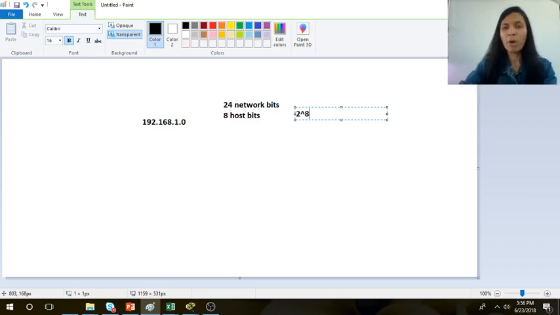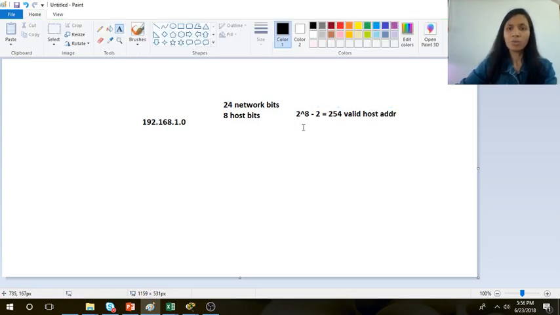From amongst this, 2 IP addresses are going to be reserved, one for the network address, one for the broadcast. So you'll subtract 2, which will give you 254 addresses. So these are going to be 254 valid host addresses which are possible if you are going to have 8 host bits. And now consider that you want to subnet this.